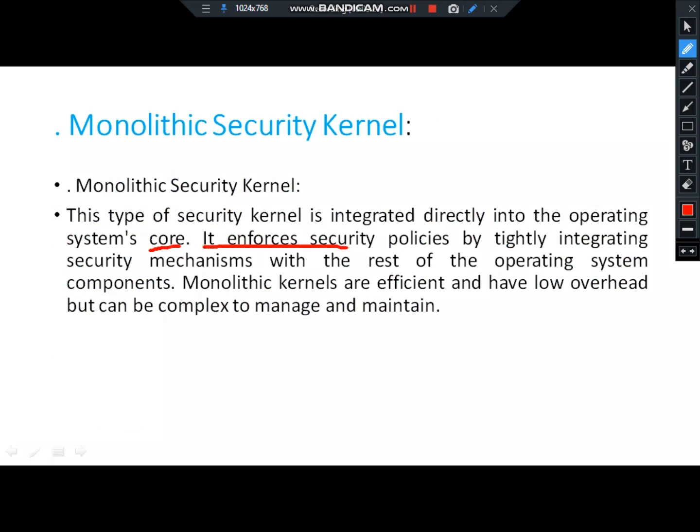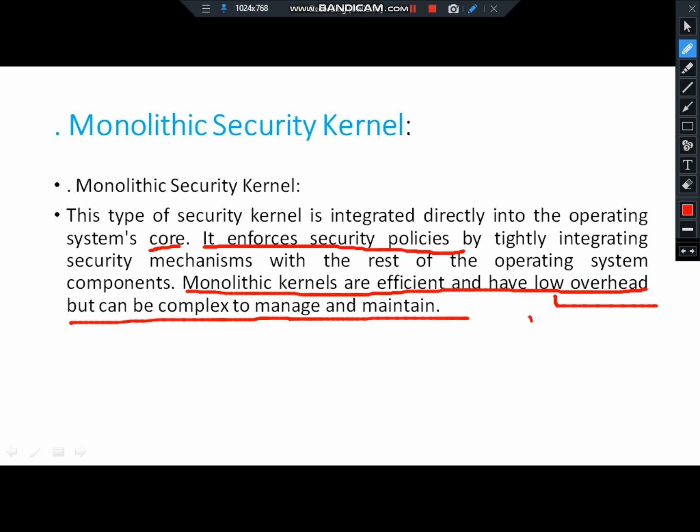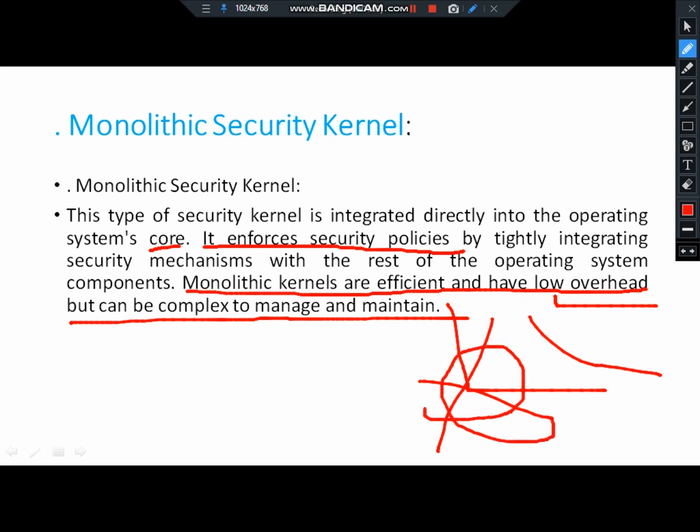Monolithic kernels are efficient and have low overhead, meaning the cost is low, but can be complex to manage and maintain, because the complexity is higher. The security mechanisms are integrated into the operating system.